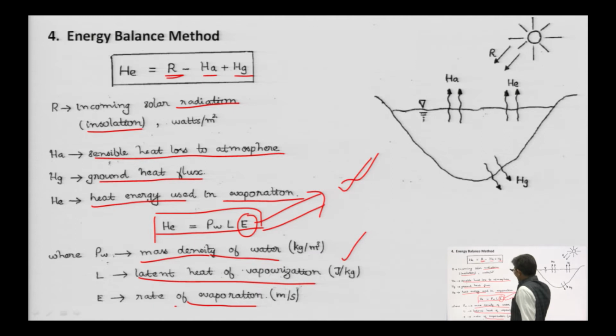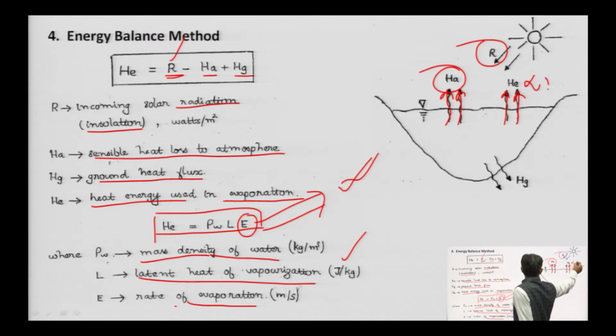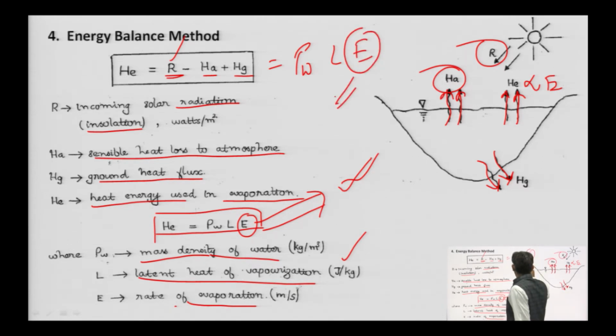If we know R, the solar radiation, HA, the sensible heat loss through water bodies, and Hg, the ground heat flux, then by equating rho w into L into E, that value can be calculated.